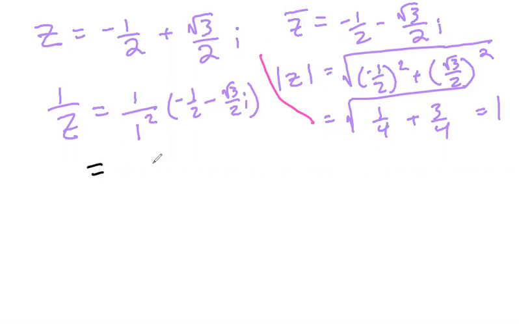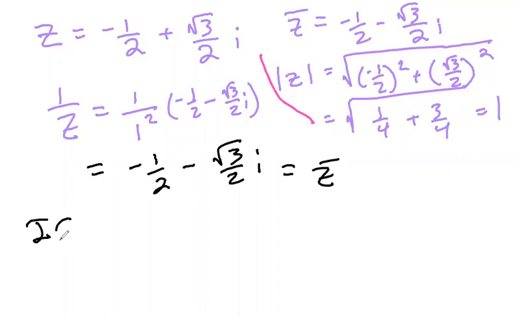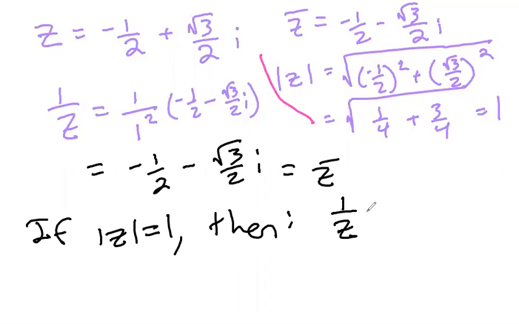And so what is going on here? This is just the conjugate. So if the modulus of z is equal to 1, which is an important special class of complex numbers, then 1 over z is equal to the conjugate.